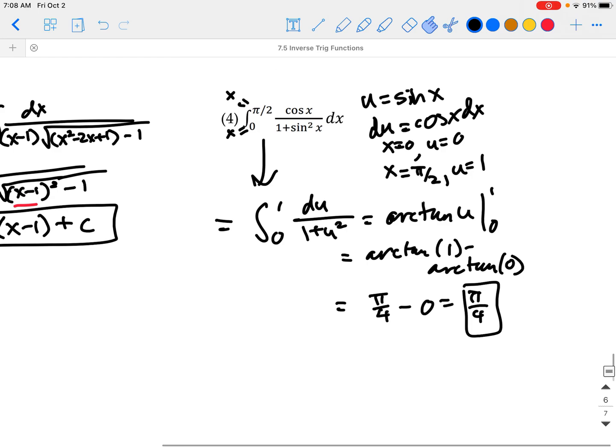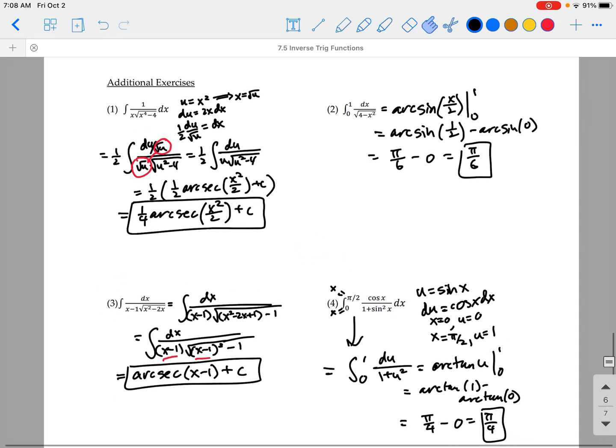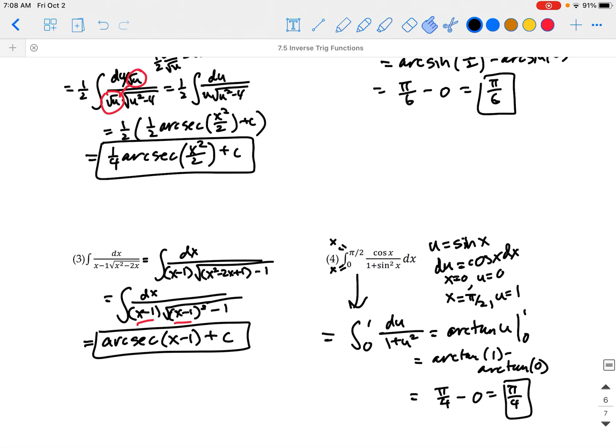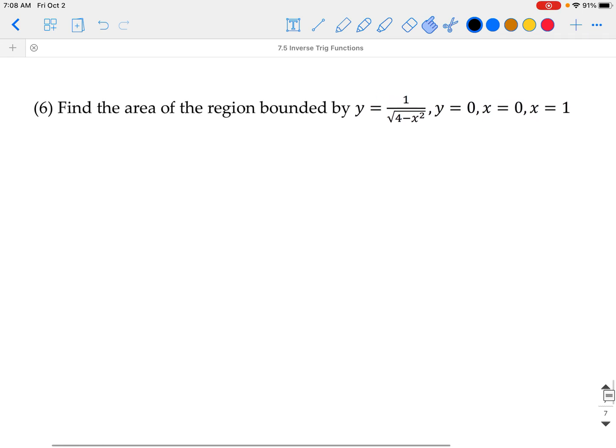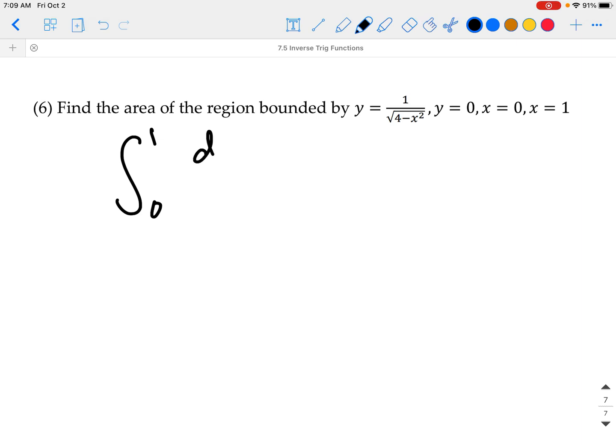So again, a lot of these are just going to be doing substitutions with those particular forms. And then our last example, we want to find the area of the region bounded. Again, this is going to give us an arcsine, it looks like. And I think this is, let's say, 0 to 1 dx over rad 4 minus x squared dx.